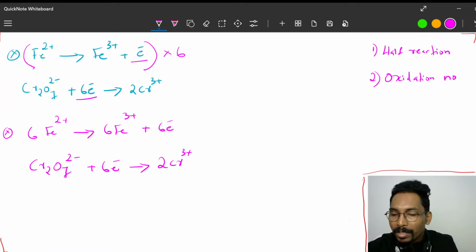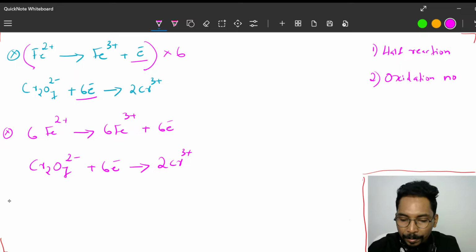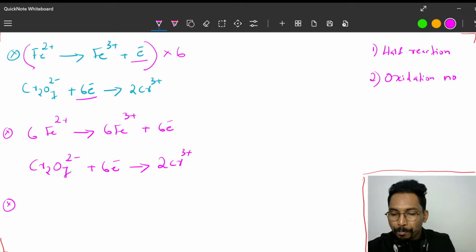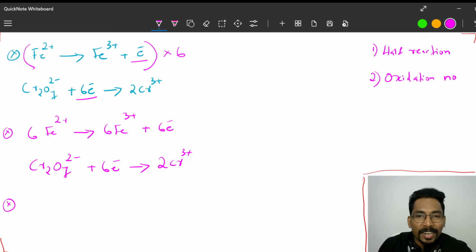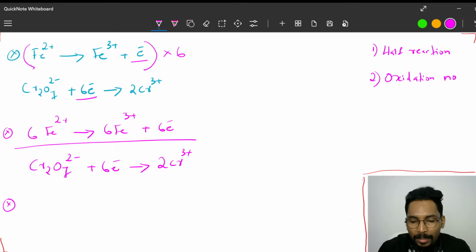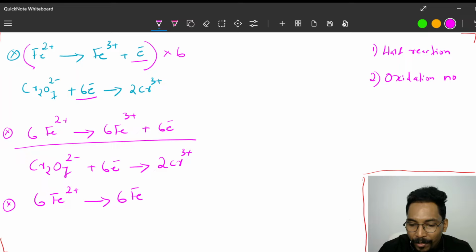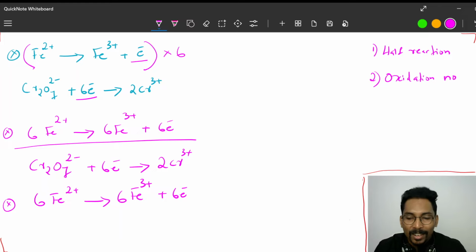Coming to the next step. Next step is balancing oxygen atoms. So now we balanced electrons. In the first equation you can see there is no oxygen, so that is already balanced: 6 Fe2+ gives 6 Fe3+ plus 6 electrons.